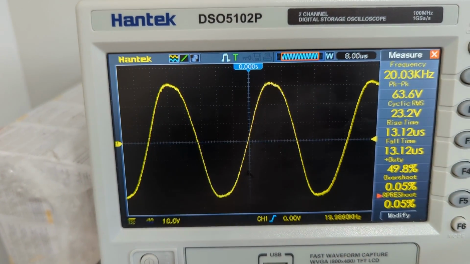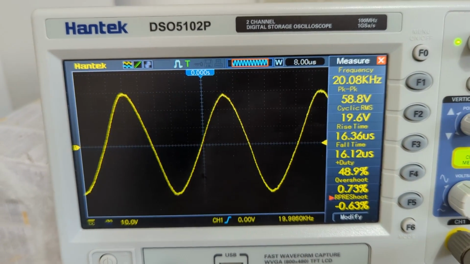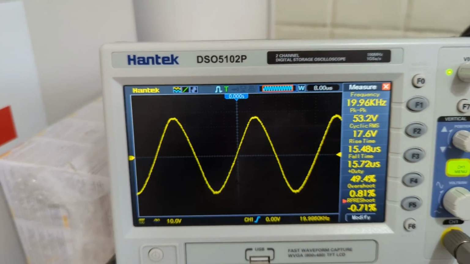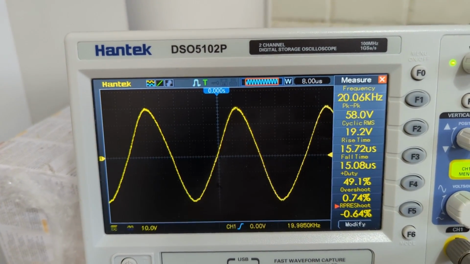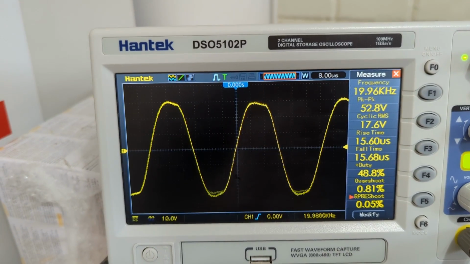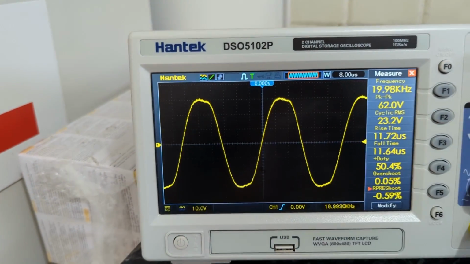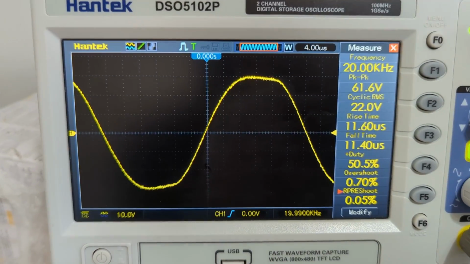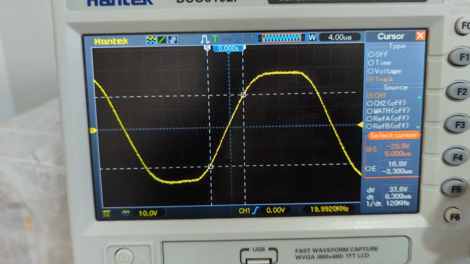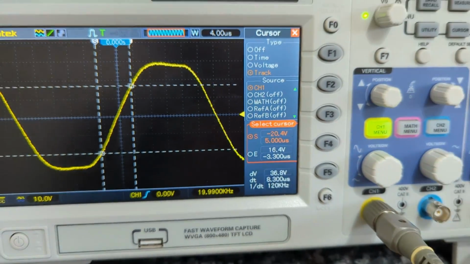So let's remove this. Something like that. Yeah, we have about, probably we can do like 20 volts, but let's do 18 volts. Let's switch to square wave. And see, it's kind of flickering, it's kind of doing something, so I don't know. Let's put the cursors. Okay, so we have the cursors kind of in good positions, and we have 8 microseconds, 36 volts.